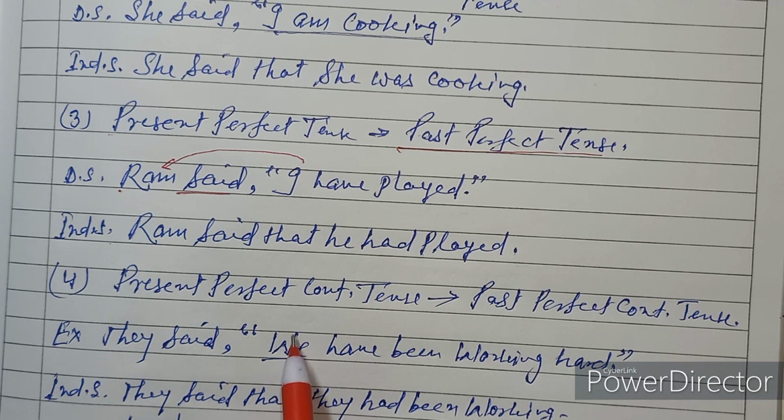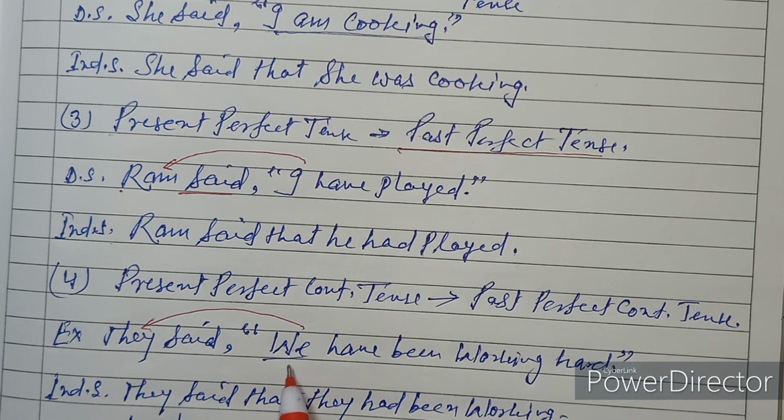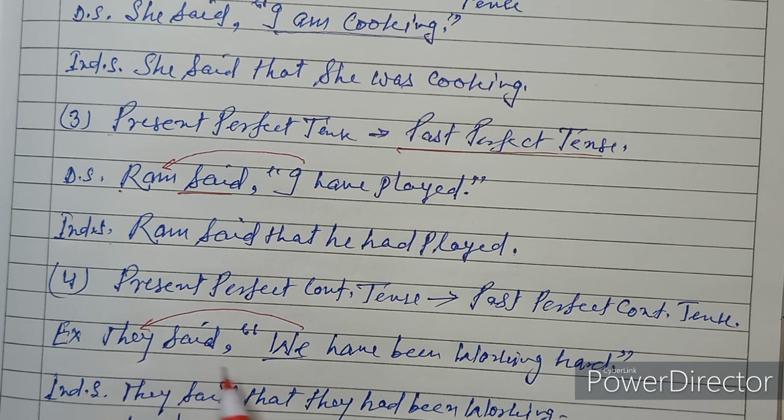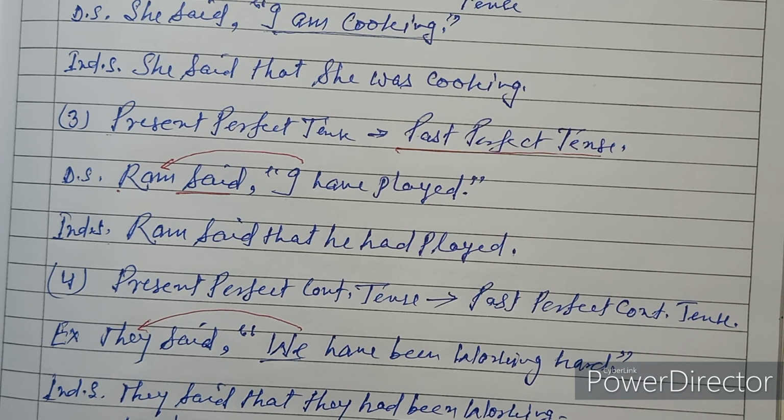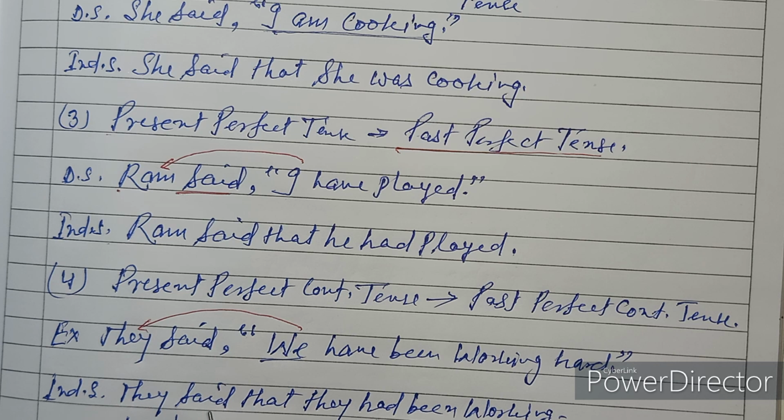Thereafter we will change according to they, because we is first person and it will change according to subject of the reporting verb. So they had been working hard. So this way we now know how we change all the tenses in present tense into past tense when we are changing direct narration into indirect narration.